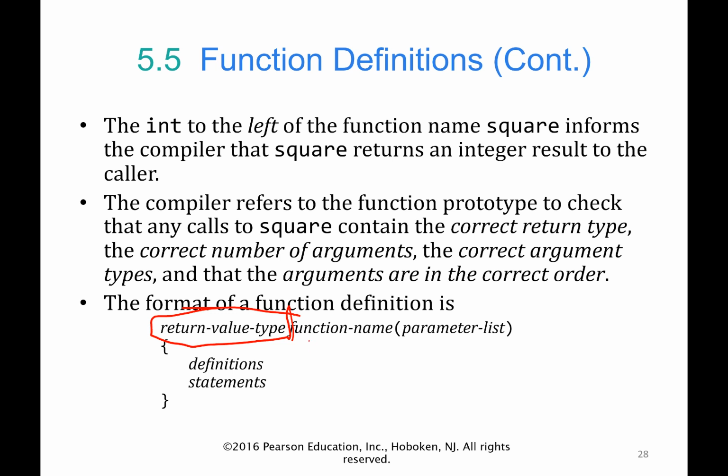We have a name for our function. It's got to be unique, and it can't be one of the names that's already used. So if I write a function called printf, for example, it's going to replace the printf in the library in my program. Now, sometimes I want to do that.